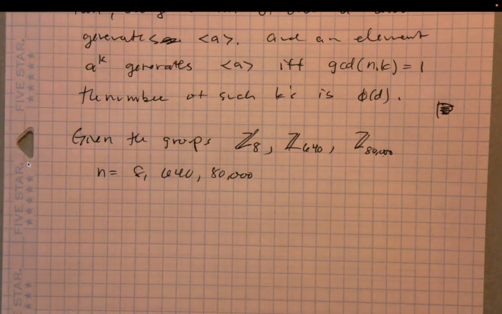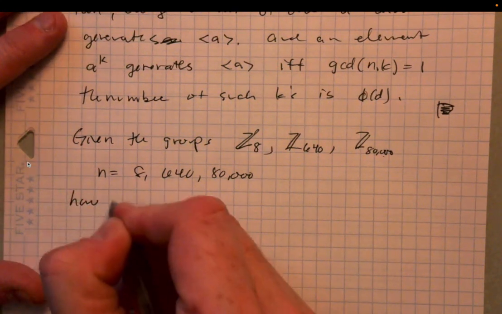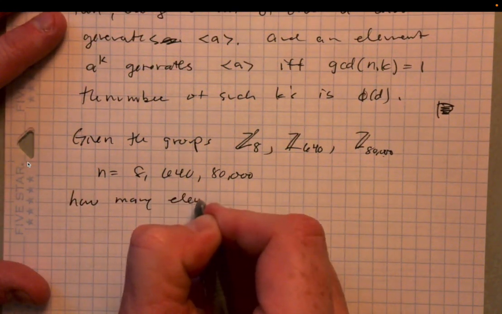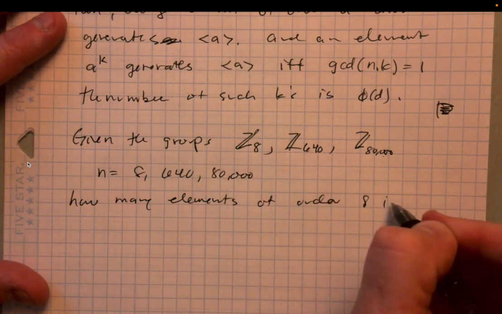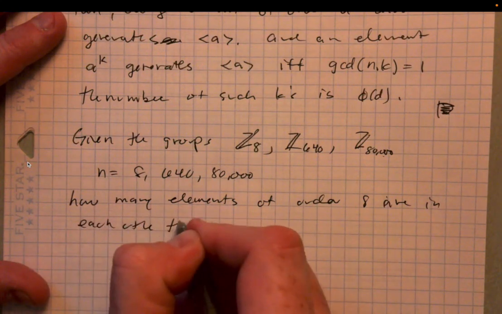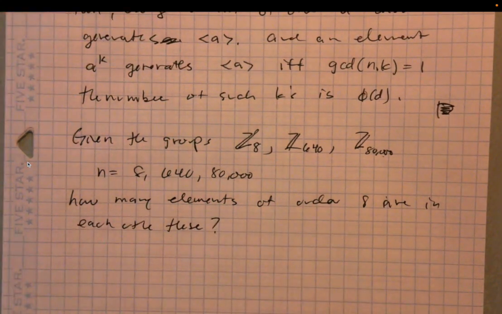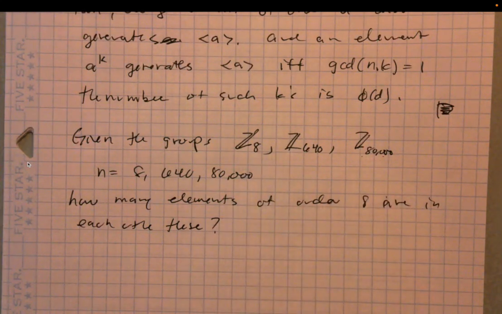So consider the elements of order 8. How many elements of order 8 are in each of these? Well, you might think that Z80,000 has more elements of order 8 than Z8 does.